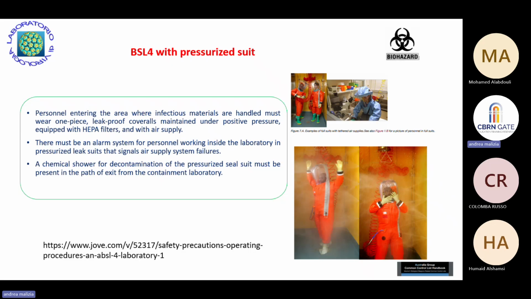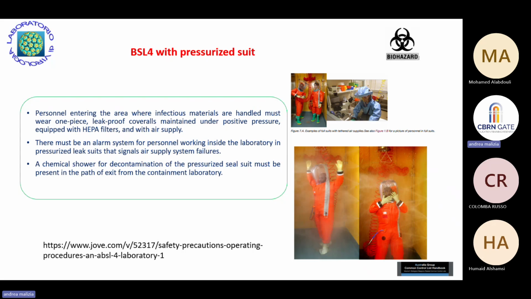In this situation, a chemical shower is important, because this suit is very expensive. One suit is about, depending on the company, 10,000 euro.